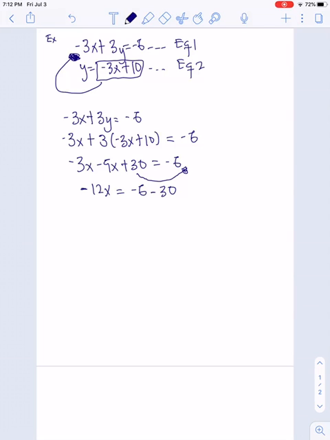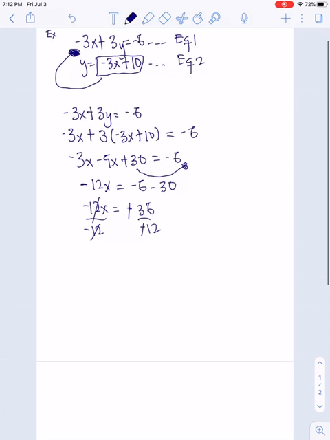So let's simplify this further down, as negative 6 minus 30 will be negative 36. And when we divide both sides by negative 12, the negative signs cancel each other, and 12 goes into 36 3 times. So it's going to be x equals 3.